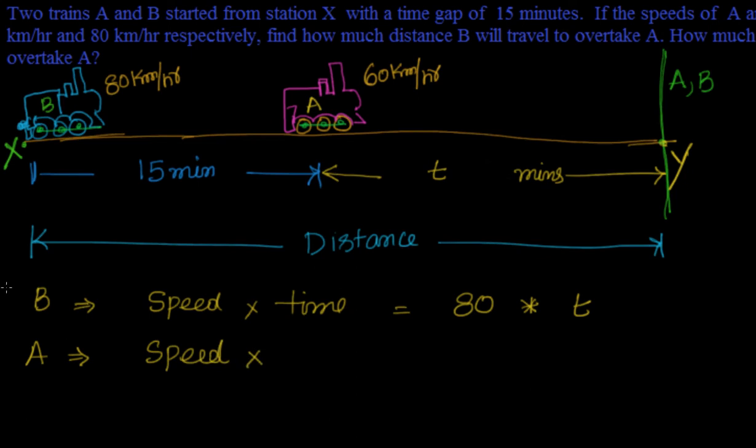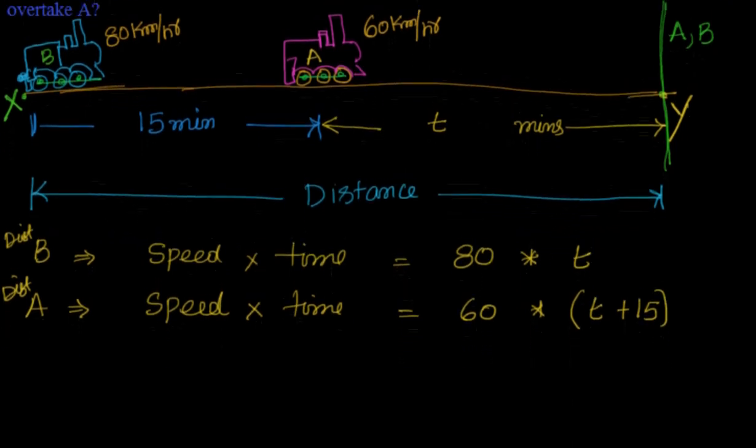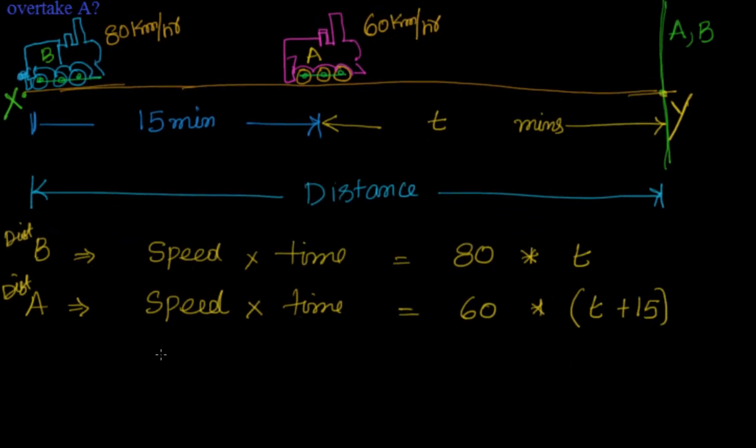Distance covered by A is again speed into time. Now we know speed is 60 kilometers per hour and it traveled t minutes. Not only that, it started 15 minutes before B, so it has traveled t plus 15. Now we know that the distance is the same, so I can equate these two.